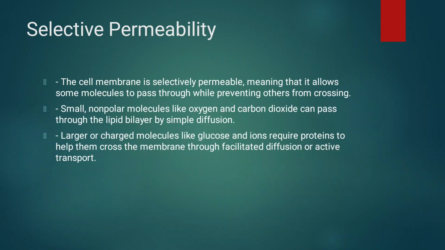Next thing is selective permeability. This cell membrane is selectively permeable, which means it will allow some molecules to pass through it and it will prevent other molecules from passing through it. Small non-polar molecules like oxygen and carbon dioxide can pass through the lipid bilayer by the process of simple diffusion.